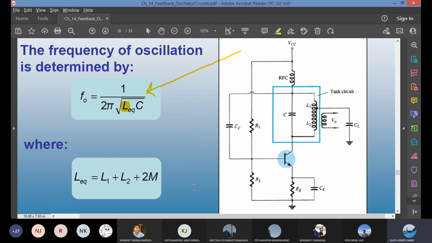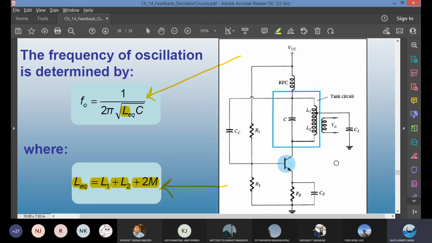The coupling factor is called M. The values of inductance are given in henry, millihenry or microhenry, and M is also given in the same unit. So if you are given L1 and L2 in henry, M will also be given in henry. L1 plus L2 plus 2M is your equivalent inductance. You have to calculate this first.